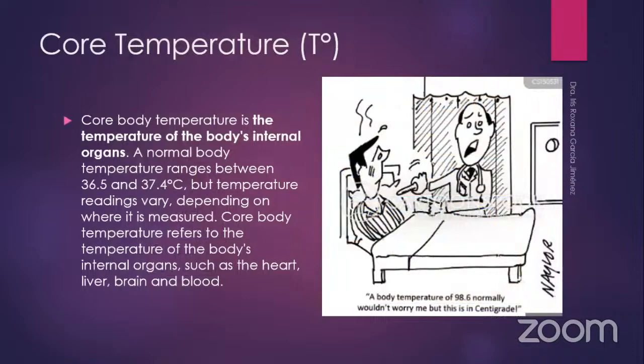About the core temperature, well, it's the temperature of the body's internal organs. A normal body temperature ranges between 36.5 and 37.4 Celsius degrees. But temperature readings vary depending on where it is measured, right?